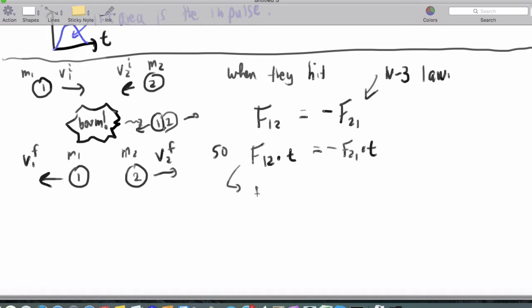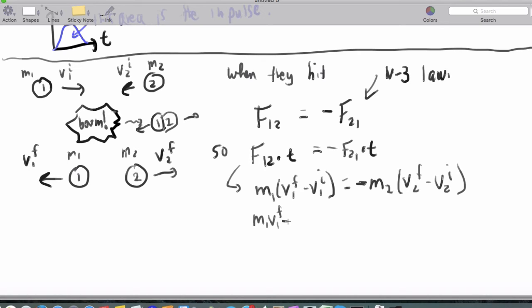Well, if they have the same impulse, they have the same change in momentum. So we can actually write m1 times v1 final minus v1 initial equals negative m2 times v2 final minus v2 initial. Let's multiply out. m1 v1 final minus m1 v1 initial equals negative m2 v2 final plus m2 v2 initial.